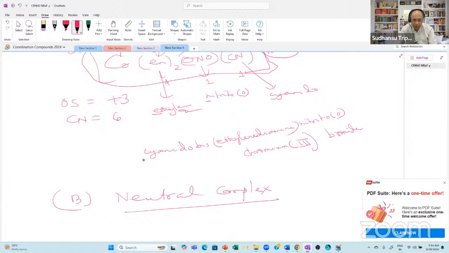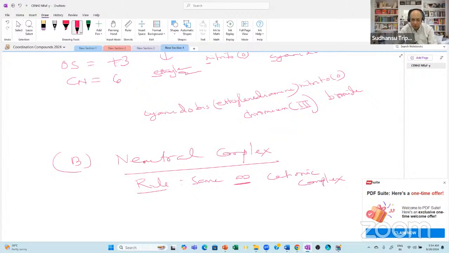The procedure, the rule, is the same as for a cationic complex. There is no anion, you will just leave it there.